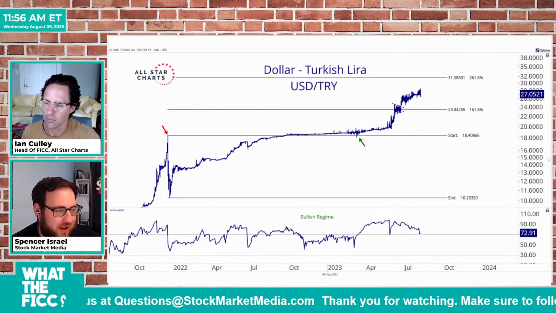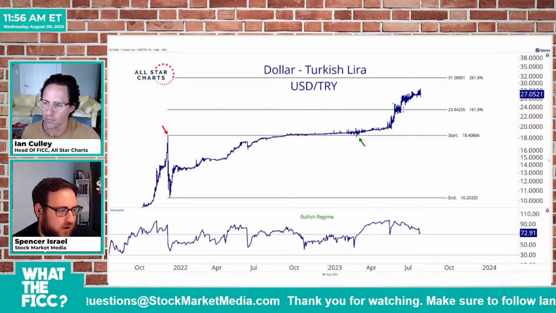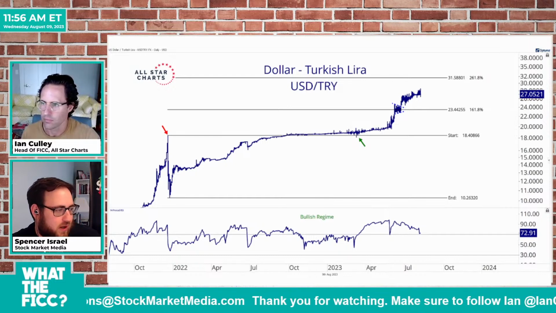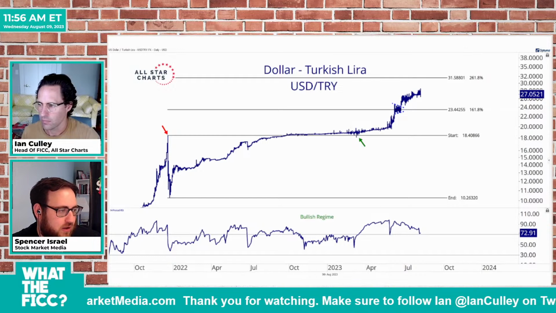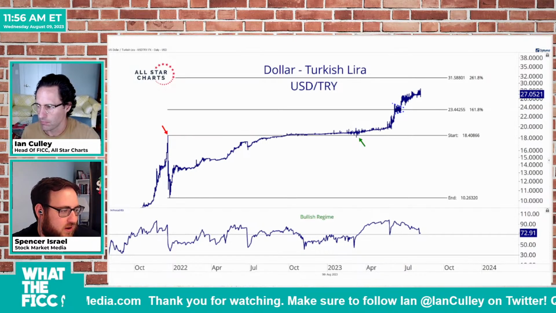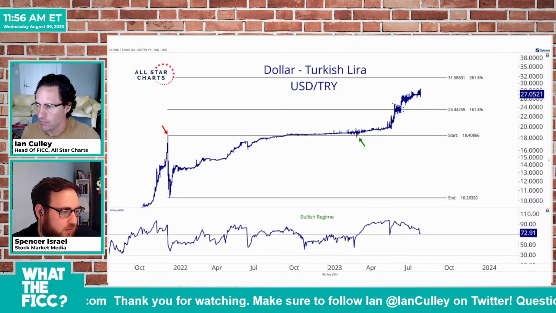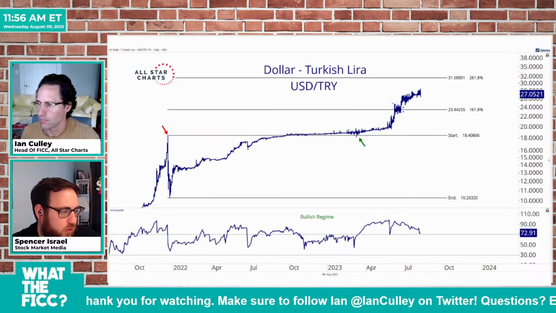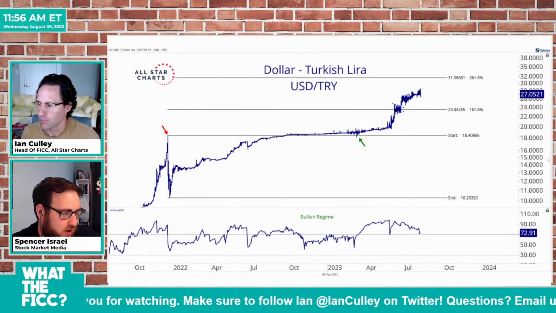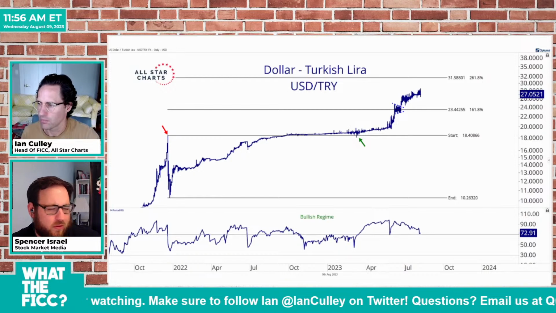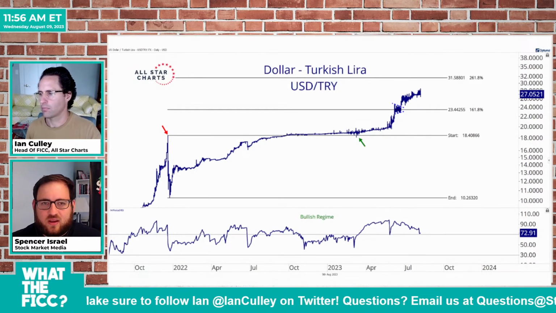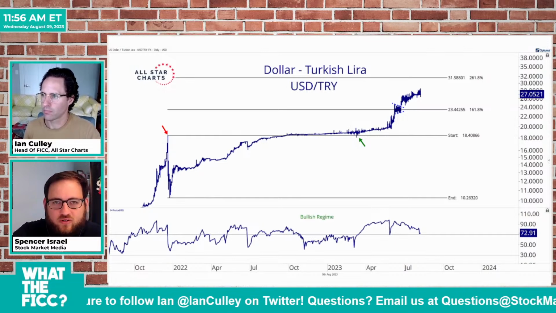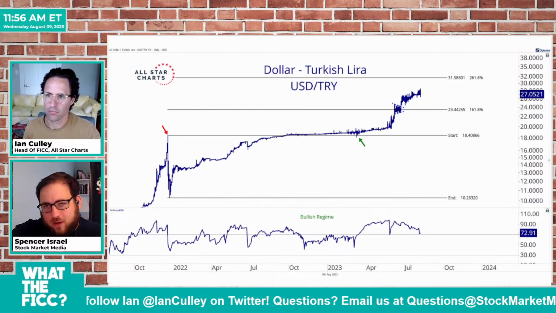So I don't think it's an inflation story. I'm looking at the inflation numbers across Asia: South Korea 2.3%, Indonesia 3%, Japan 3.3%, Singapore 4.5%. Those are all far lower than Europe right now. So I don't think it's an inflation story with regards to Asia, although maybe it is.